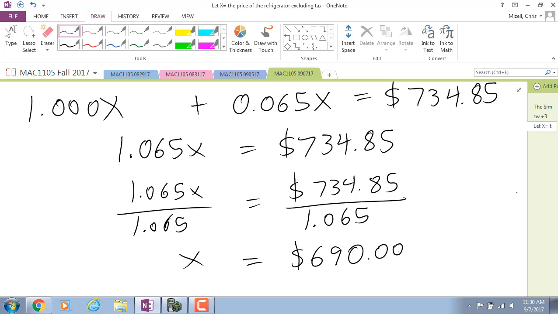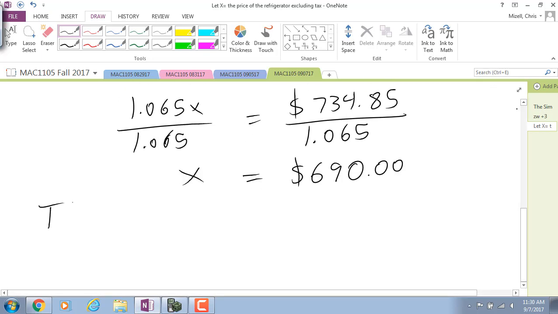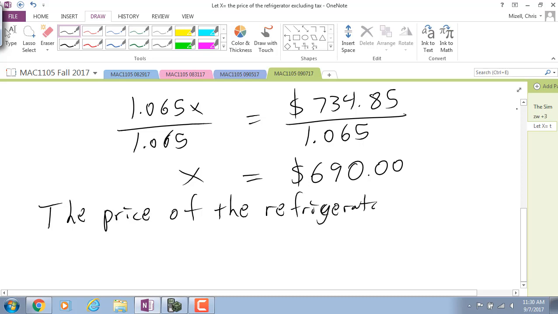Add that to the $690, and that's the total price, total amount the customer has to pay, $734.85. So the price of the refrigerator, maybe the price on the refrigerator, was $690.